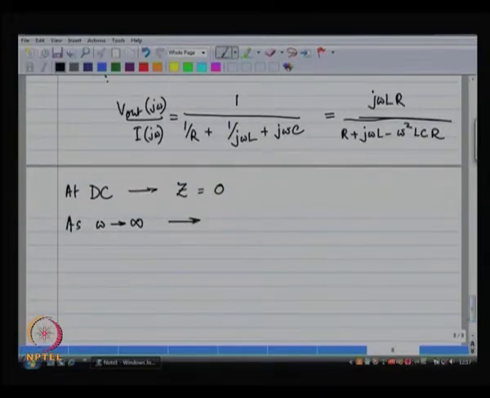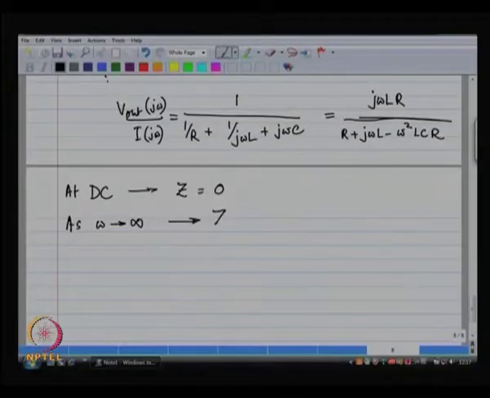So, I plug omega tends to infinity into this expression, and the numerator is infinity, the denominator is R plus infinity plus minus infinity squared. So, in the numerator I have omega, in the denominator I have omega squared. So, net is 1 by omega. So, as omega tends to infinity, 1 by omega tends to 0, which means that Z is equal to 0. Okay. So, this is your sanity check, 2 sanity checks.